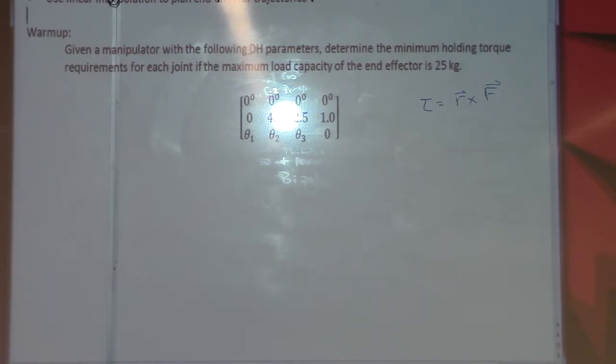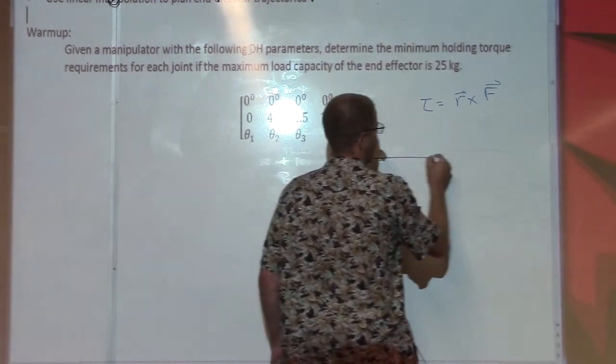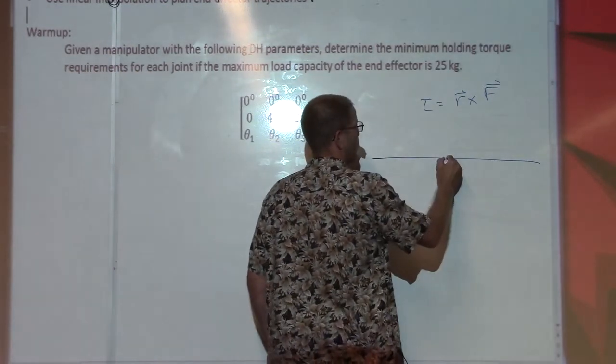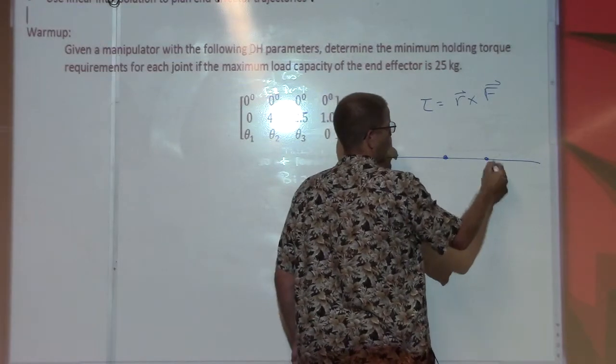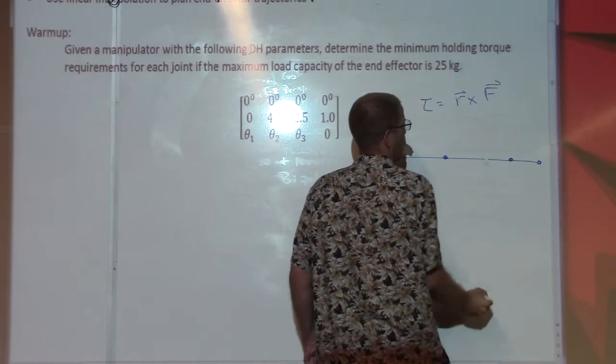We're going to have everything oriented horizontally, so that we can do our force. Exactly. So we're going to have this manipulator oriented horizontally, and that's not quite right. It should be more like out there.